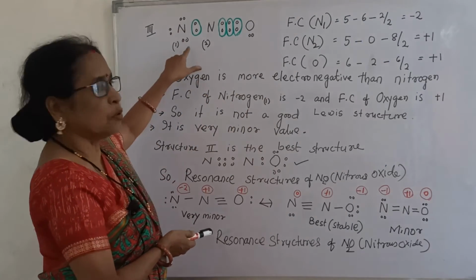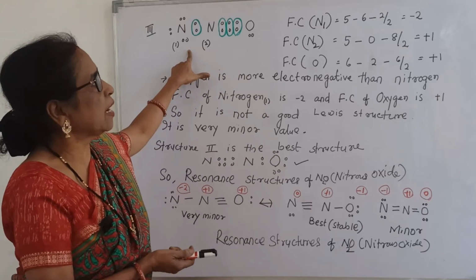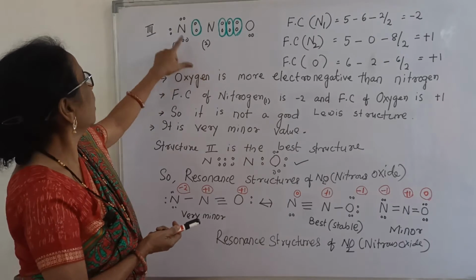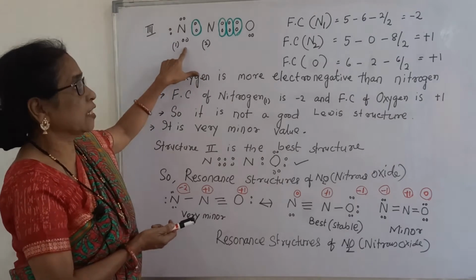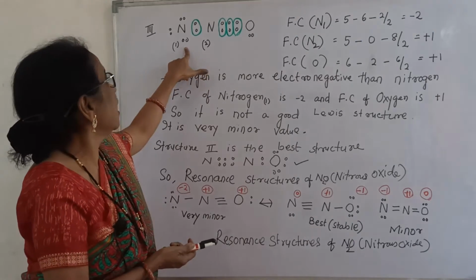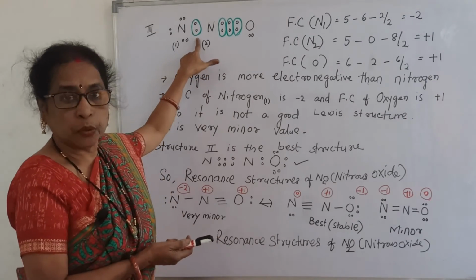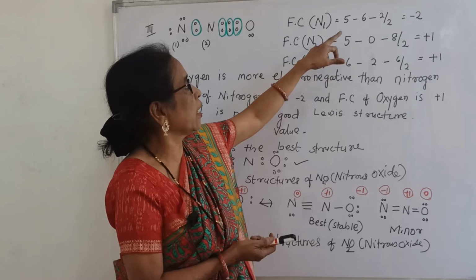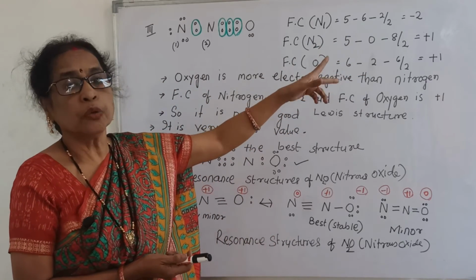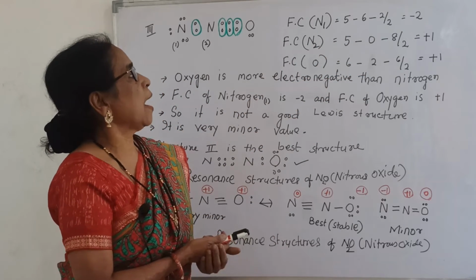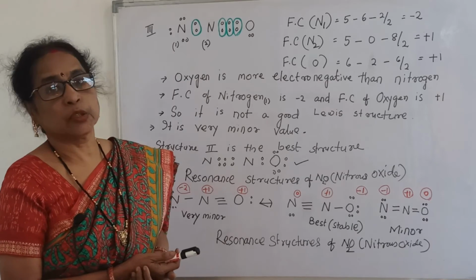Nitrogen 1, you know, valence electrons 5 minus non-bonding electrons. See, 2, 4, 6, non-bonding electrons 6, and bonding electrons only 2. So 5 minus 6 minus 2 by 2, and that is equal to -2.